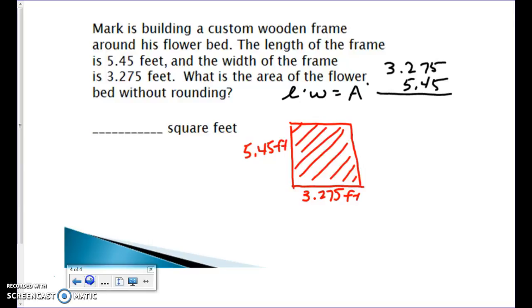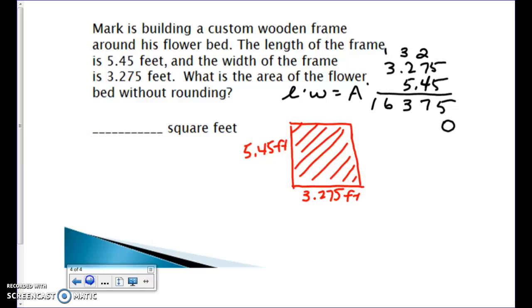So here we go. Multiplication problem. 5 times 5 is 25. 5 times 7 is 35, plus 2 is 37. 5 times 2 is 10, plus 3 is 13. And 5 times 3 is 15, plus 1 is 16. Now we're going to add our first decimal placeholder because now we're moving over 1 to the 4.